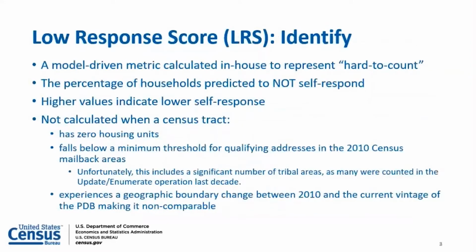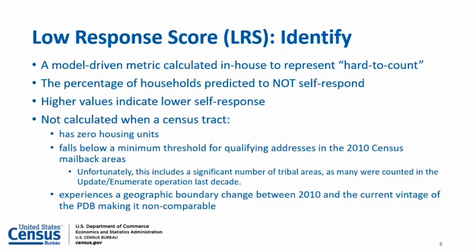Before we jump into a live demo of the web mapping application that we call the Response Outreach Area Mapper, or ROAM, I want to spend a little more time laying out the low response score to help set the scene. In short, the low response score is a predictive metric of self-response that the Census Bureau modeled in-house.